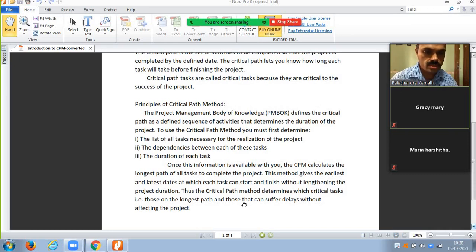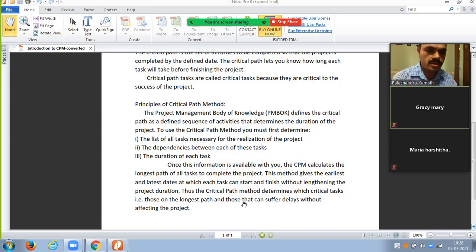So the critical path method determines which critical task is on the longest path, meaning the path which takes the longest duration to complete the project, and those that can suffer delays, meaning those activities which can suffer little delays but it will not affect the project. At the end of the day, the metro construction should get completed on March 31st 2022.